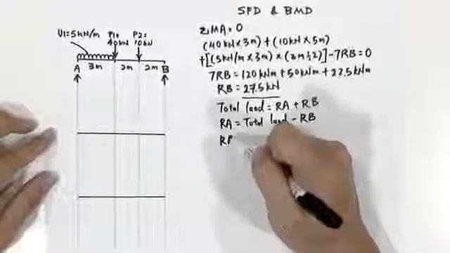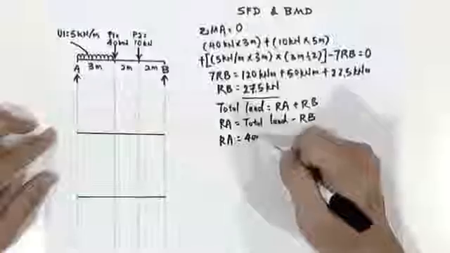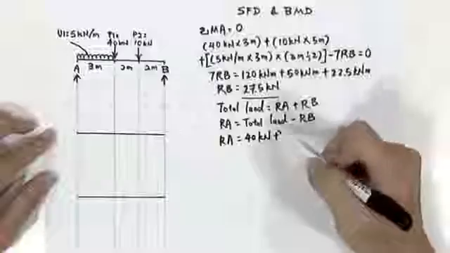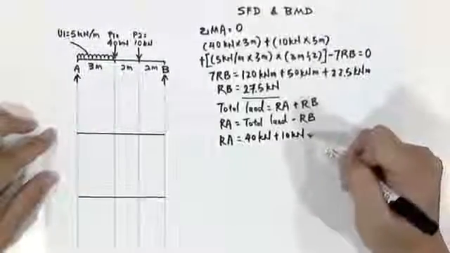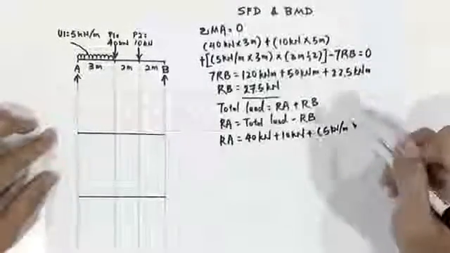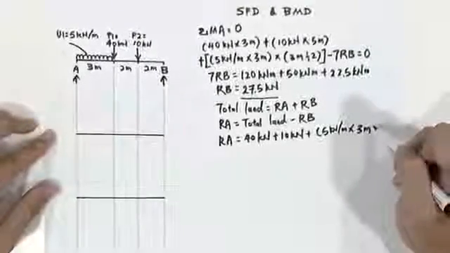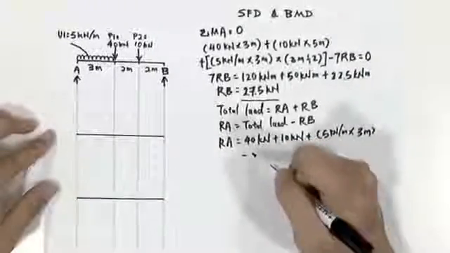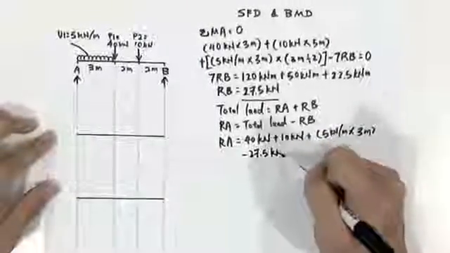Therefore we have RA equals first load 40 kilonewton plus 10 kilonewton plus 5 kilonewton per meter times 3 meter, and then we have to minus RB, which is 27.5 kilonewton.